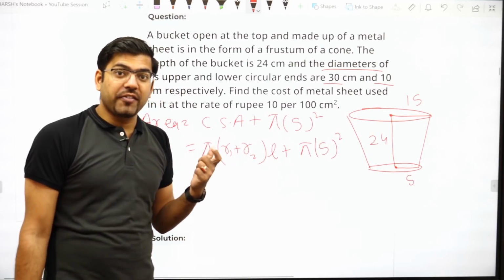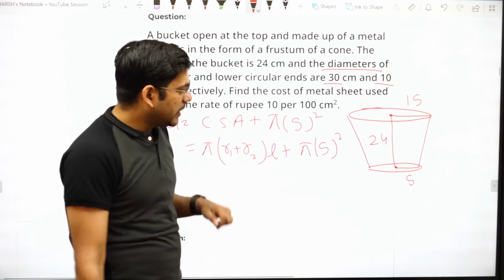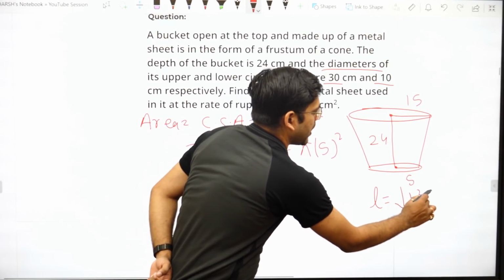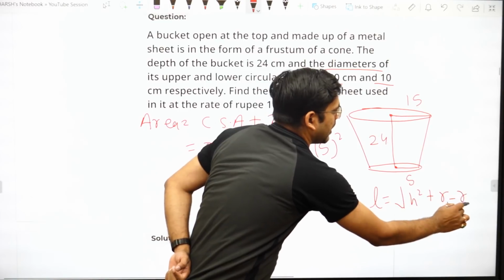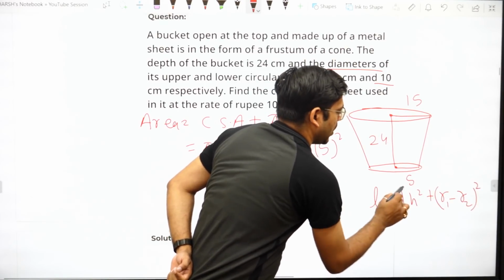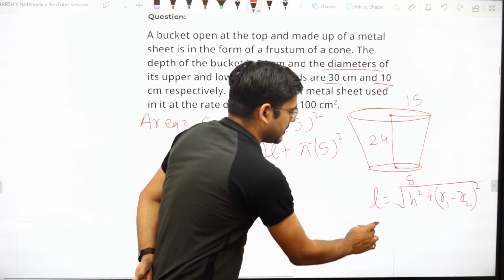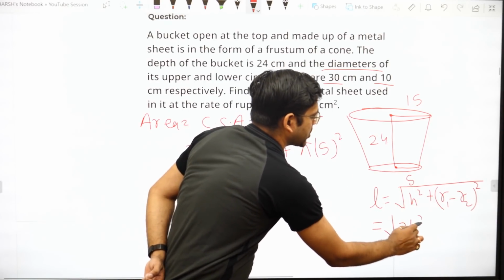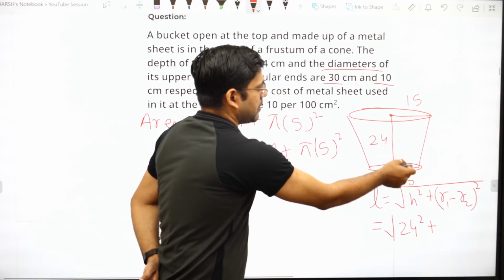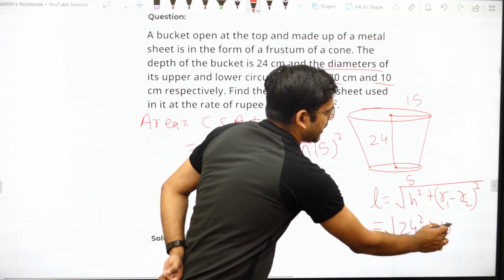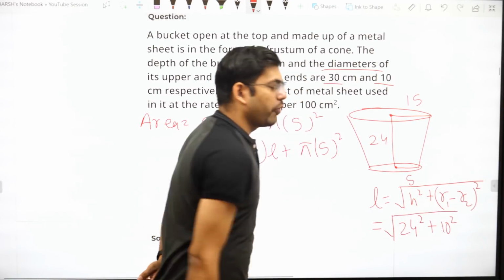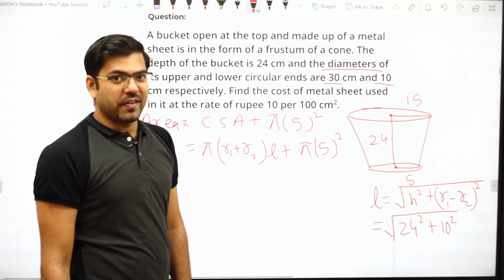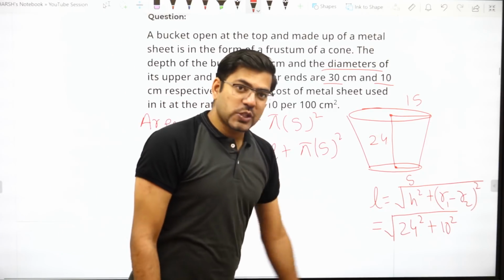So what would be the value of L? Any idea about that? I'll just tell you. The formula says L is equal to root under h square plus r1 minus r2 whole square. So L is equal to root under 24 square plus 15 minus 5, that would be 10 square. 24 square is nothing but 576 and 10 square is 100.